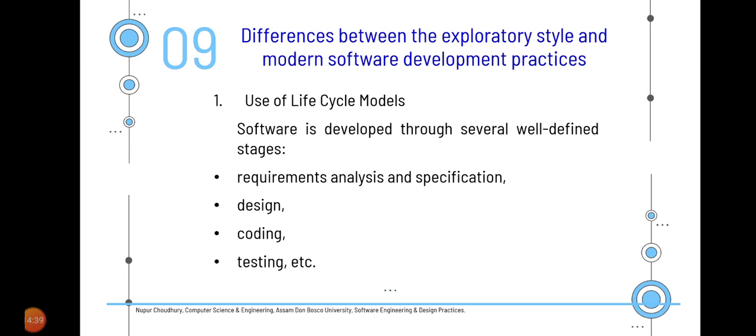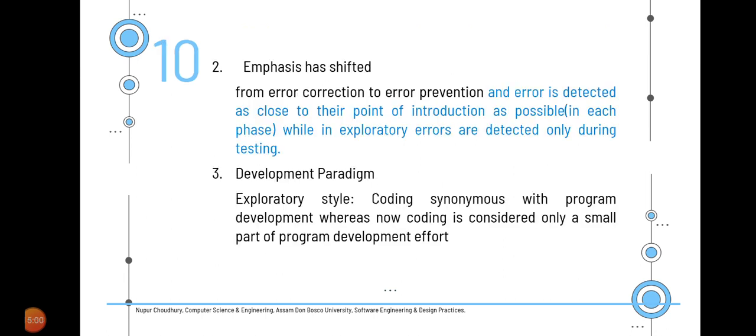These stages include requirement analysis and specification, design, coding, testing, etc. Together these steps form a life cycle model, and modern software development practices make extensive use of lifecycle models.